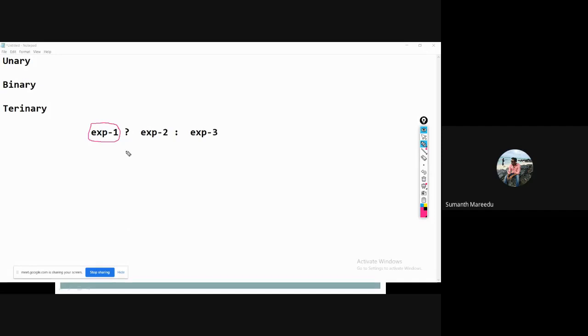You can write any expression like A plus B or A greater than B or A less than B. That is expression 1. First it will find out the value of this expression. The value of this expression is considered either true or false.